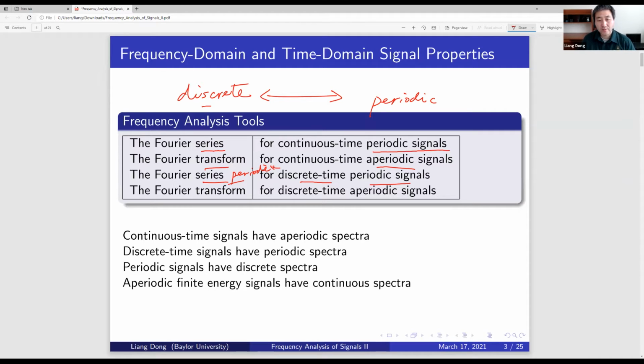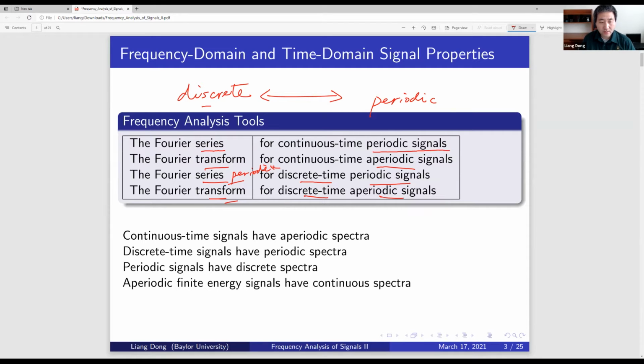And the last item is the discrete time aperiodic signal. Again, an aperiodic signal stands for continuity in the other domain, so I'm using a Fourier transform integration, but it's discretized in time. Therefore, it will be periodic in frequency.